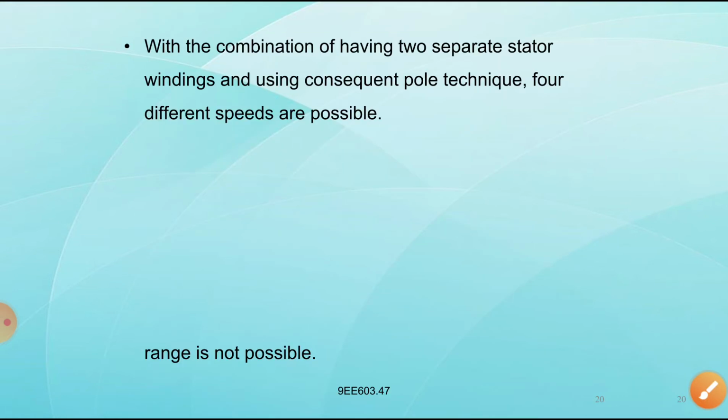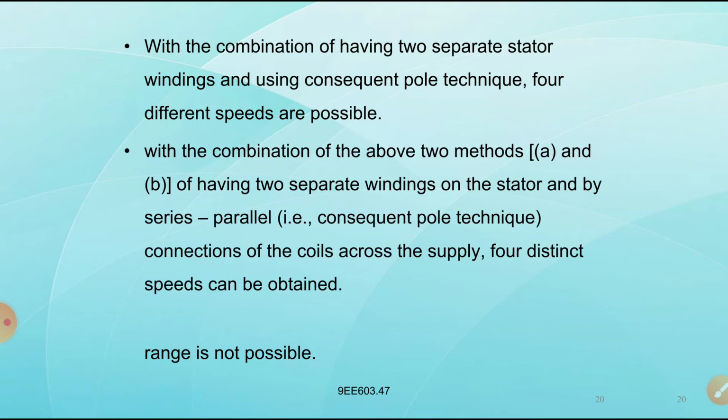With the combination of having two separate stator windings and using the consequent pole technique, 4 different speeds are possible. With the combination of the above two methods, A and B, of having two separate windings on the stator and the series and parallel consequent pole connection of the coils across the supply, 4 distinct speeds can be obtained.